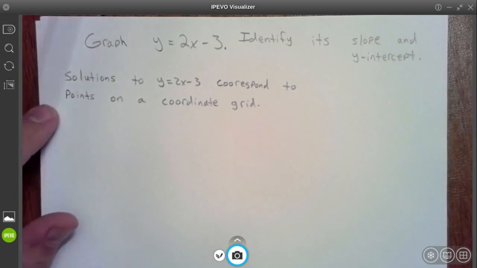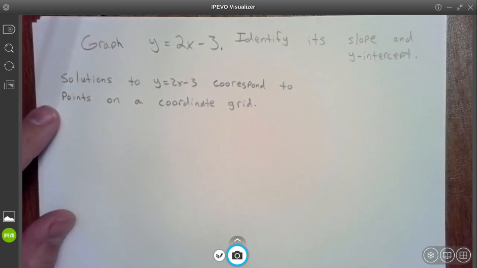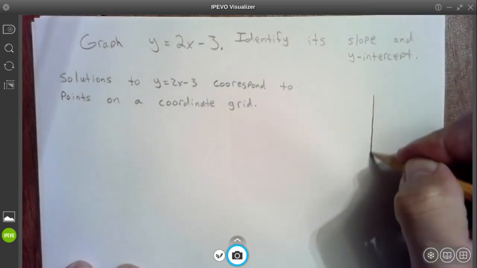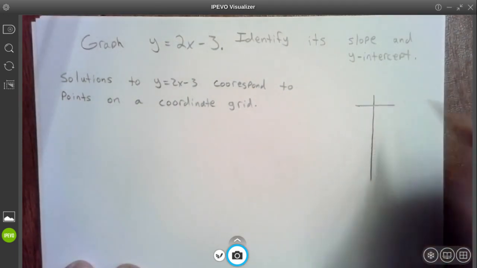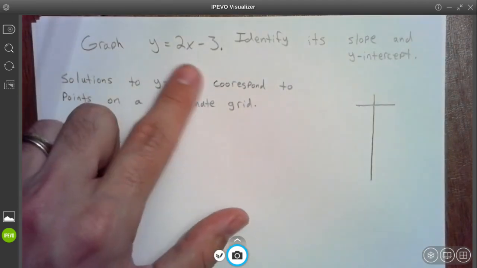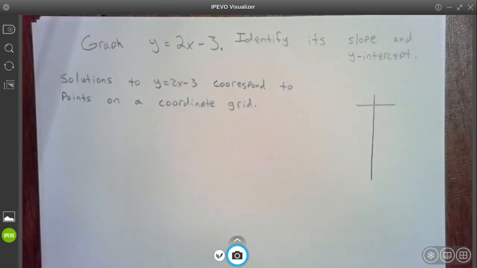So in order to graph this, I'm going to do a little t-table over here on the side. The idea is that solutions to this equation correspond to ordered pairs, or points, on an xy coordinate grid. That's how we're going to get our graph.